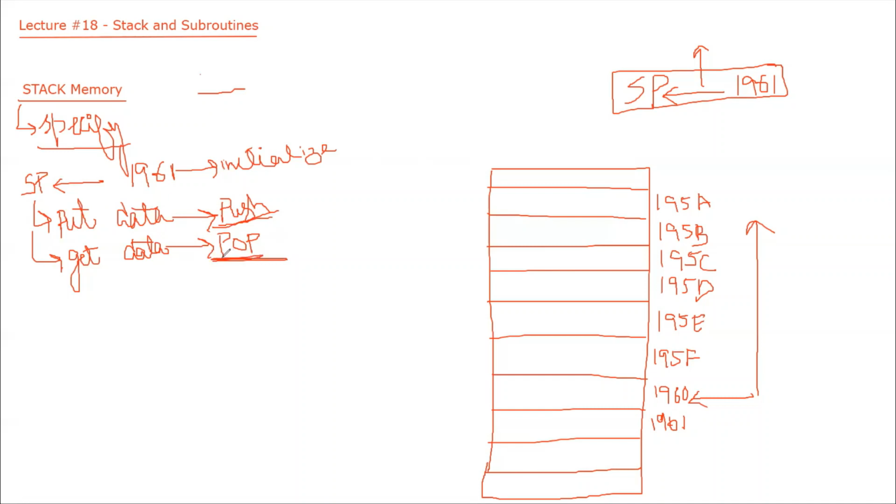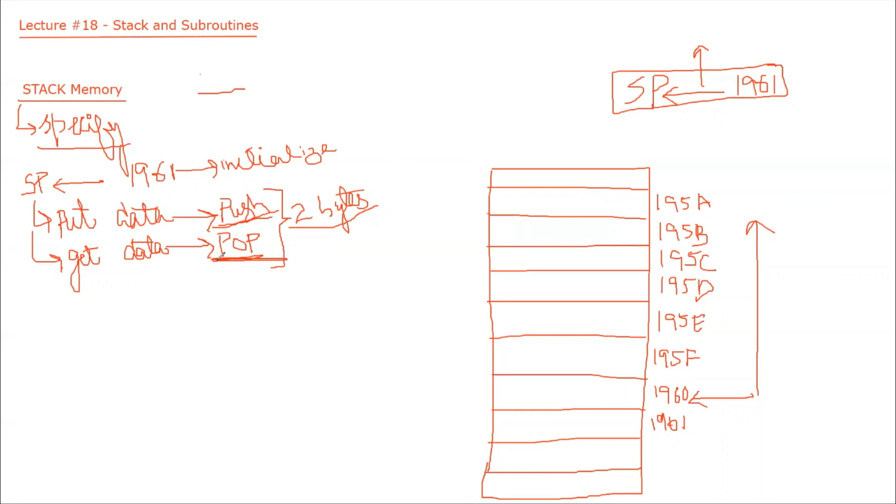However, there is one special case. The push and pop instructions, they always store 2 bytes of data. What I mean to say, whenever I am pushing something on the stack, I cannot push a single byte. I always push 2 bytes of data on a stack in microprocessor 8085.